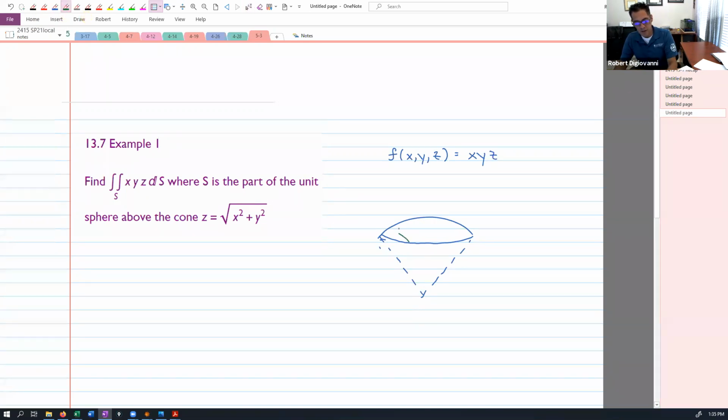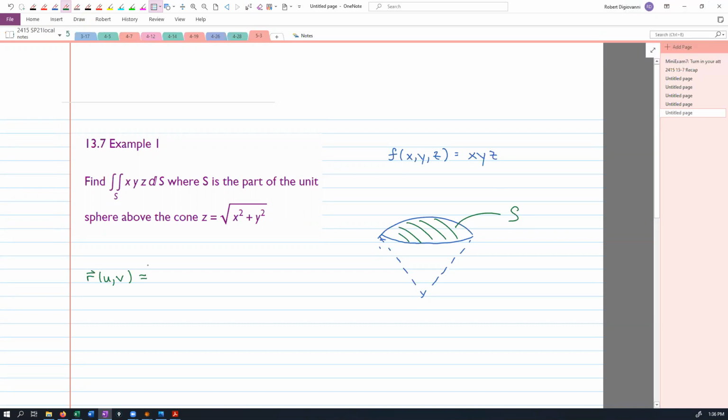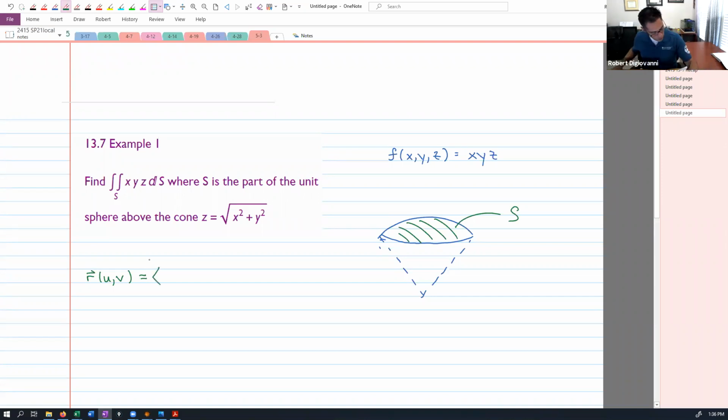That surface S, we have to be able to draw it. Now, can we draw that surface? Do we have some vector function r of u, v that will draw us just that top piece? Well, we should, right? Let's see here. We know how to draw the sphere.